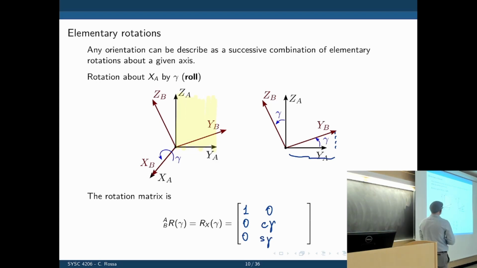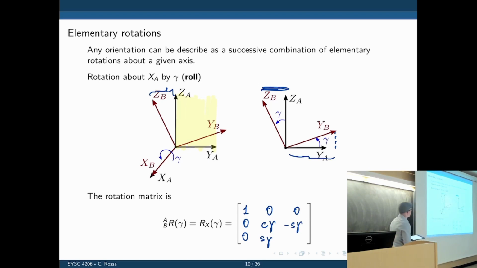Now the last column, now we deal with ZB. So ZB on XA is 0. Why? Z is coming up, X is coming this way, so their projection is 0 because they are orthogonal. Then ZB onto YA is negative sine gamma. Right, it's this projection over here. Why is that negative? Because now the projection is on the negative y-axis, so that's negative sine of gamma.